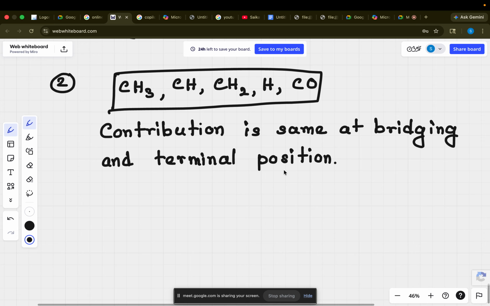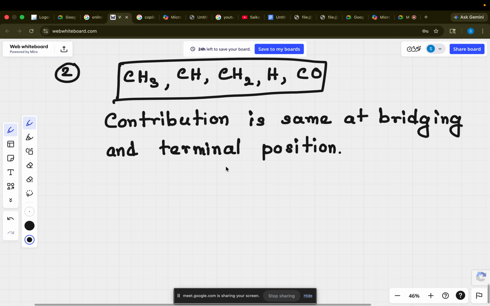Bridging and terminal position. Suppose, first of all, I start with the simplest: hydrogen. You all know hydrogen has only one electron. So when a metal is attached to hydrogen, it is donating one electron. Now you know the banana bond in the B2H6 molecule.